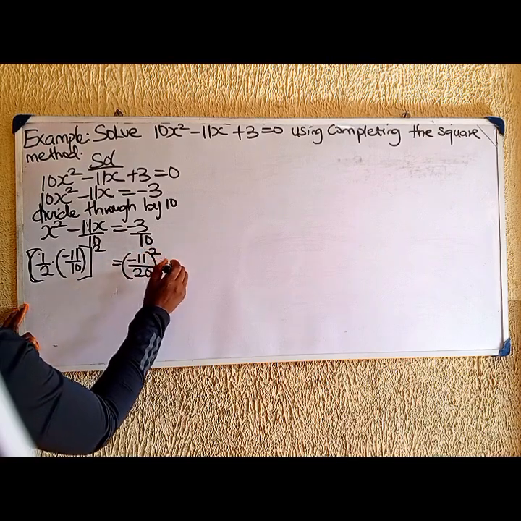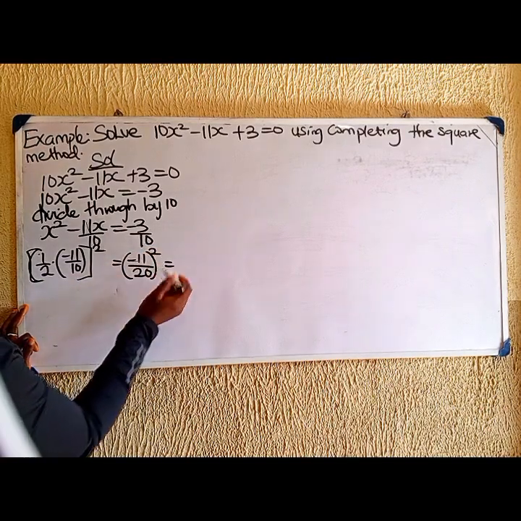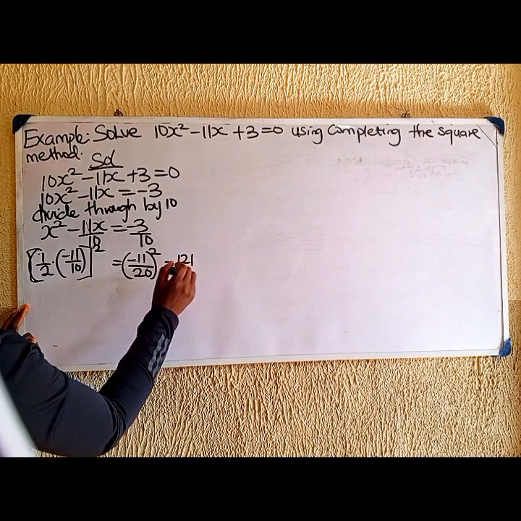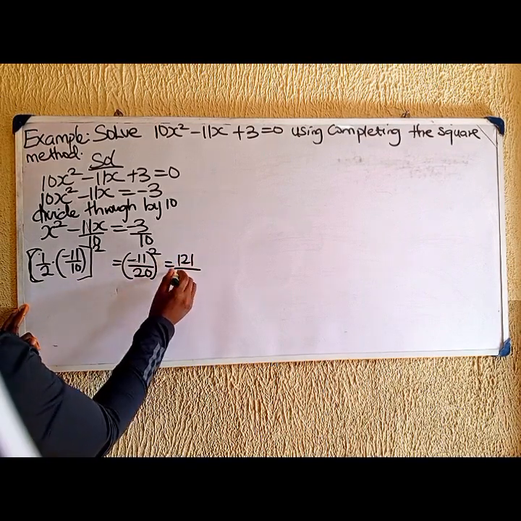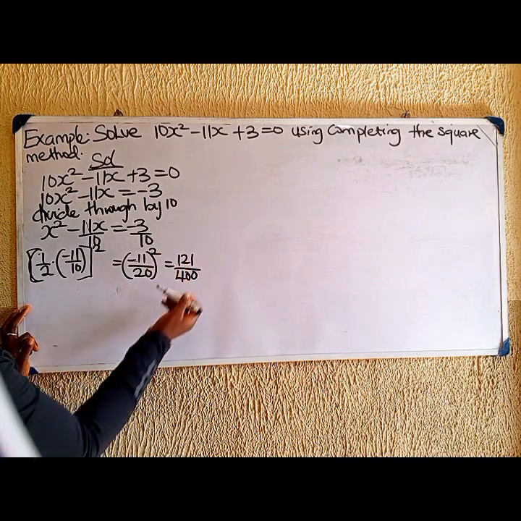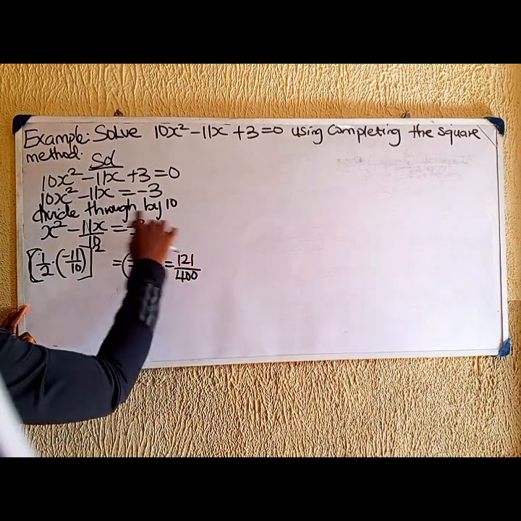So all squared, minus 11 squared is 121 over 20 squared, which is 400. So I'm going to add this to both sides.